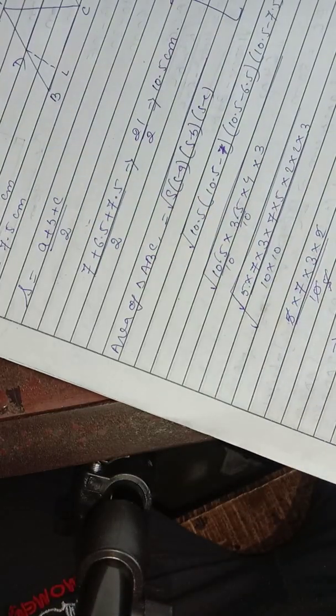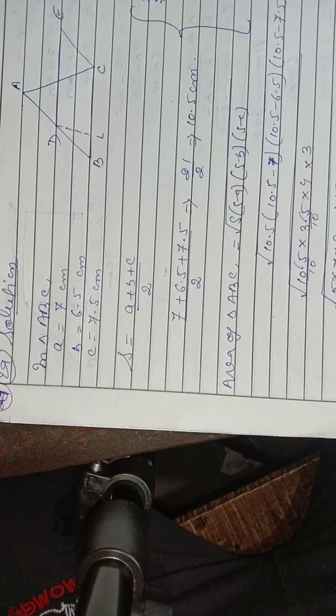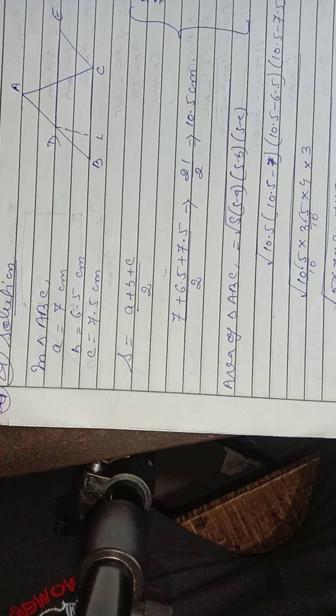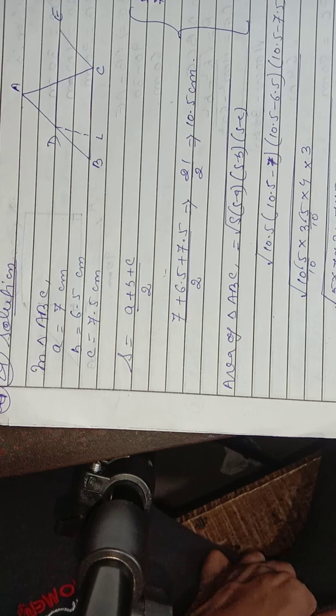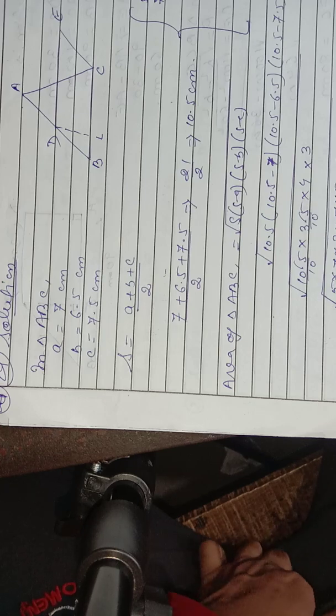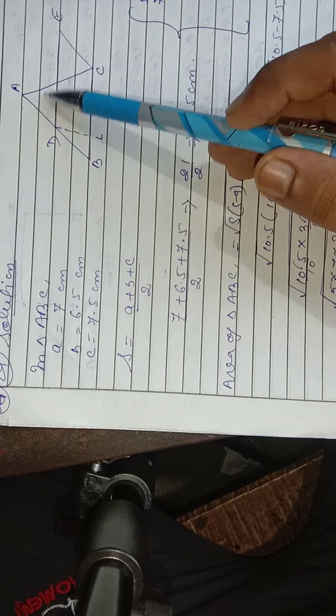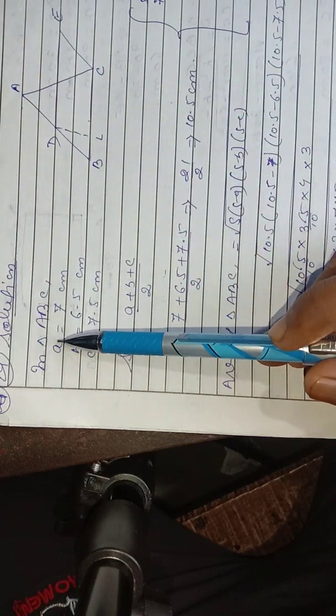After this, question number 29. Figure given here. ABC is a triangle in which AB is 7.5 centimeter, AC 6.5 centimeter, BC 7.5 centimeter. So take it, the triangle was given with the three different sides.